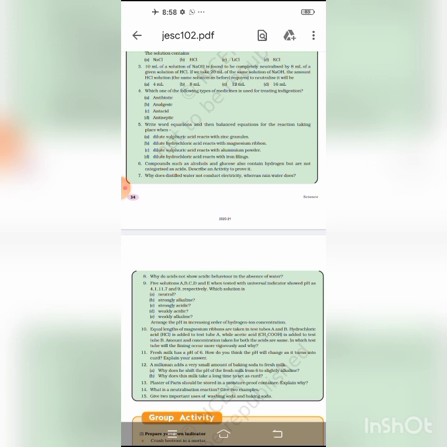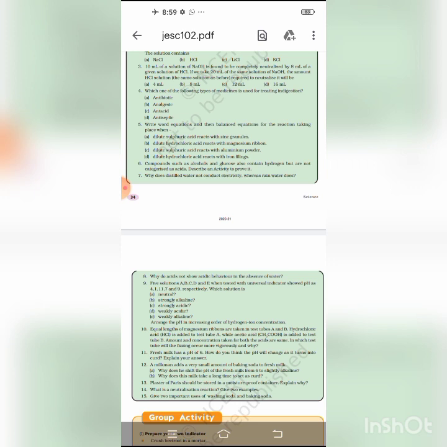So its balanced equation is H2SO4 plus Zn, which gives ZnSO4 plus H2. Okay. Dilute hydrochloric acid reacts with magnesium ribbon, and as products we get magnesium chloride and hydrogen. Okay, so its balanced chemical equation is 2HCl plus Mg, which gives MgCl2 plus H2.